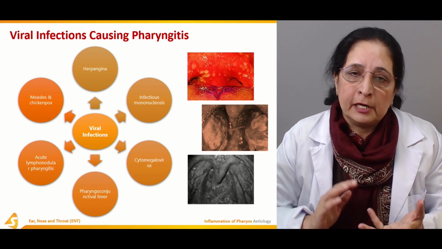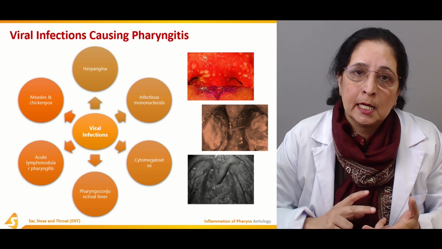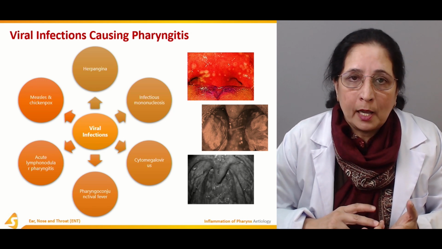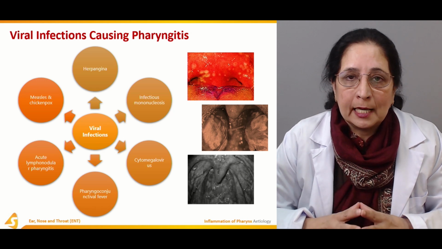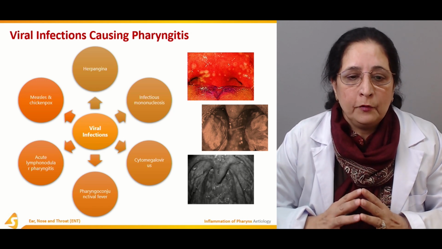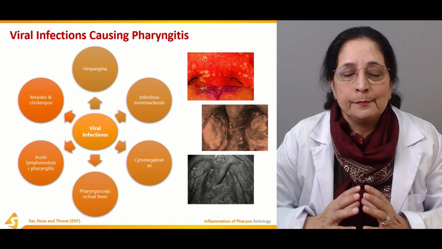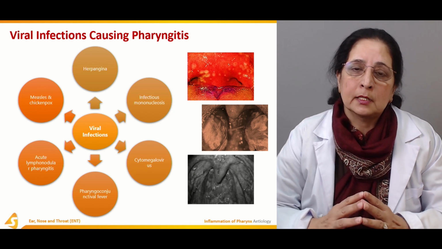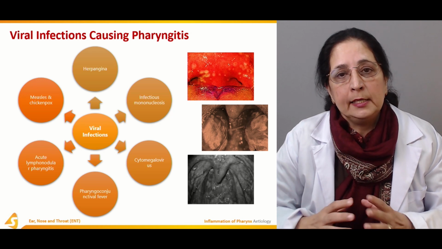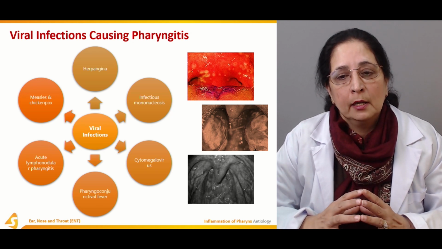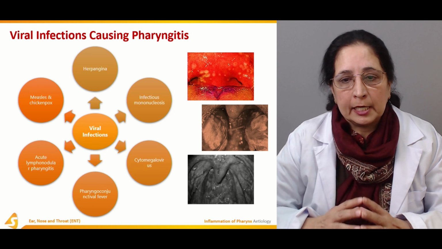So we have infectious mononucleosis, cytomegalovirus or CMV, pharyngoconjunctival fever, lymphonodular pharyngitis, measles and chickenpox are the common childhood infections. All these infections can cause viral pharyngitis.